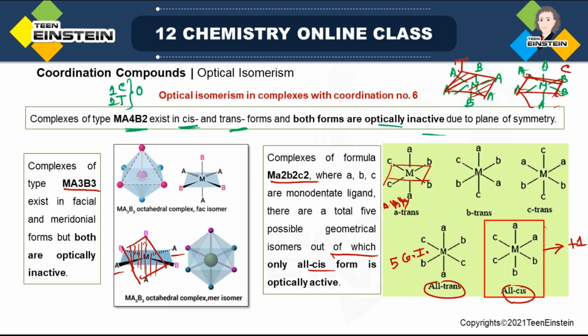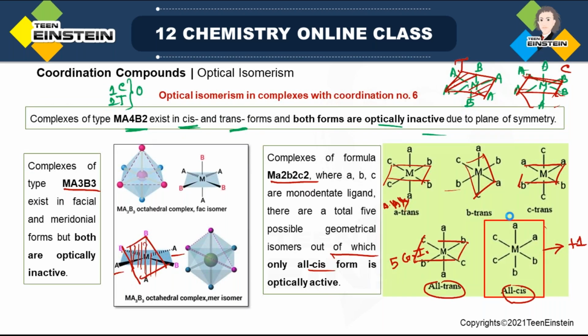Then in this case, if you cut the molecule in this plane, both sides are B. Then here both sides are C. Fine. When it is all trans, then also if you cut the molecule along this plane, both sides are A. But this type of symmetry plane is not possible in case of the all cis form. So that is why we are getting optical activity only from the all cis form.